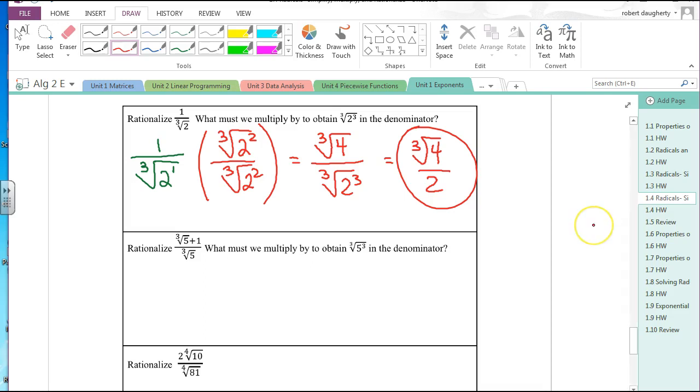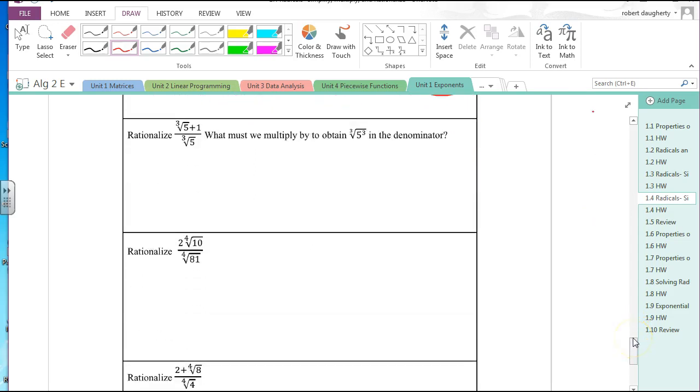It's going to work very similar. The key is look at the denominator. What's in the denominator? Cube root of 5. Okay, how many of them do you see? How many 5s are there? 1. How many do I need to get 5 to the cube? I need a total of 3. If I've got 1, how many more do I need? 2 more.